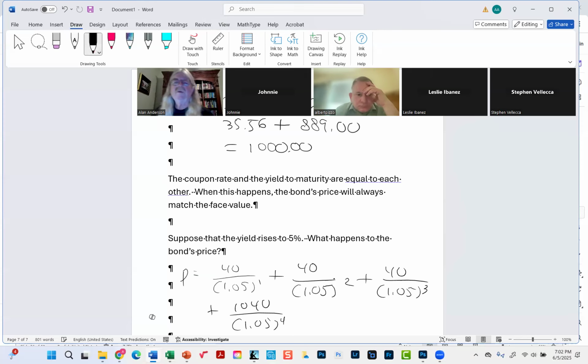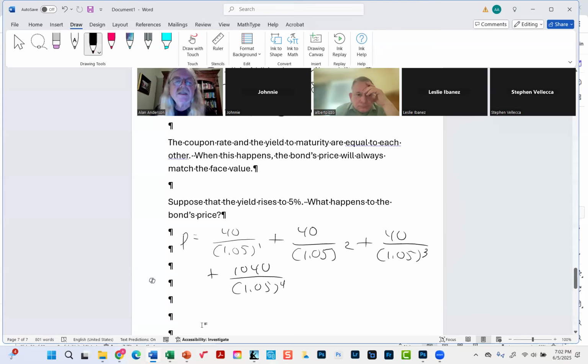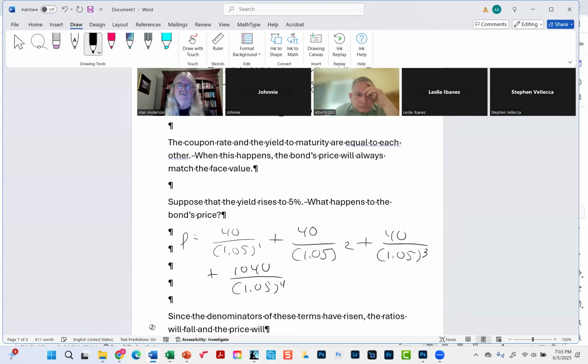Now, even without knowing what the number is, you can see that the denominators are larger than they were in the previous example. So since the denominators of these terms have risen, the ratios will fall, the price will fall.